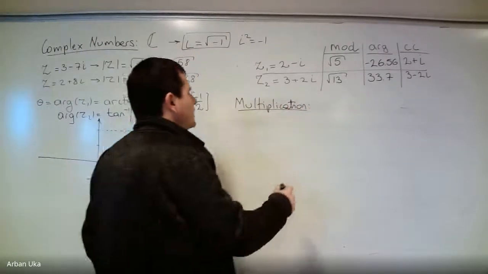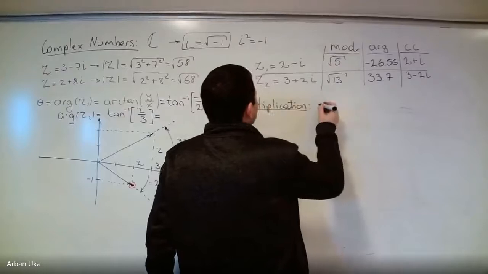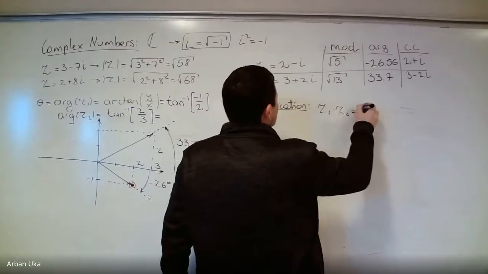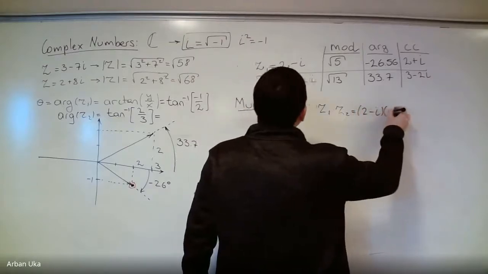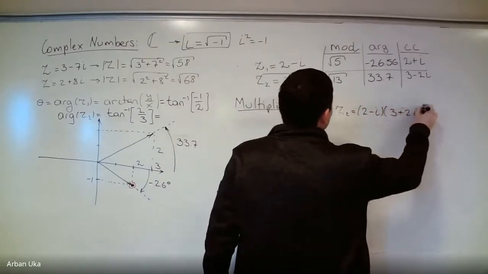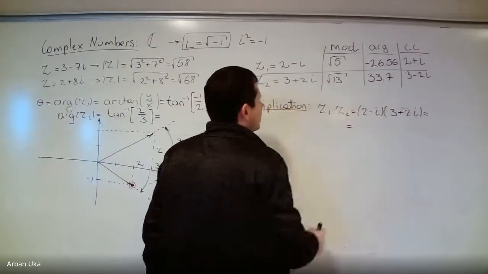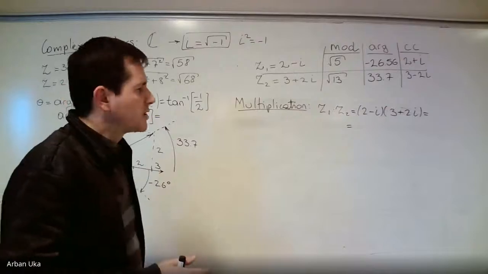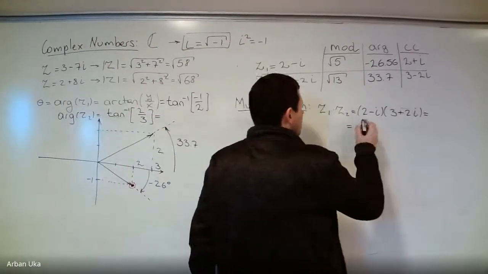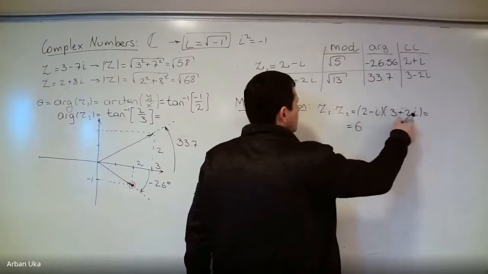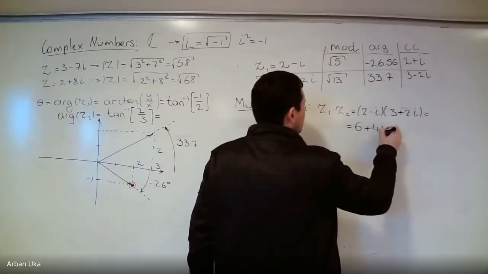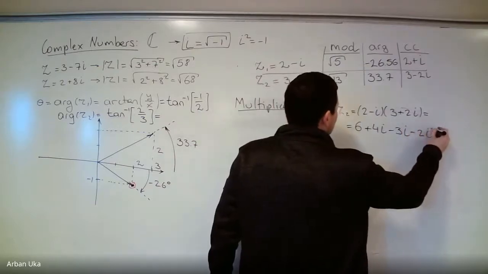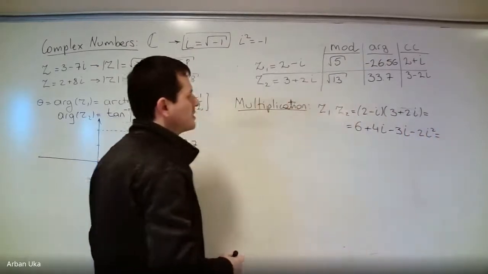It is simply, let's do this by an example. Let's do here Z1 times Z2. This is equal to 2 minus I times 3 plus 2I. We have two terms, we multiply by another two terms, we should get a combination of 4. So 2 times 3, this is 6. 2 times 2I is plus 4I, minus 3I, minus 2I squared. Okay? So this is what we get.